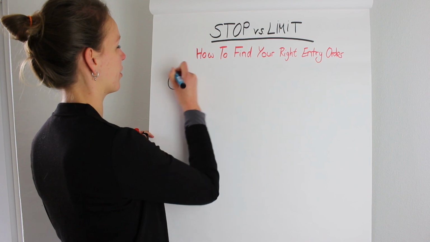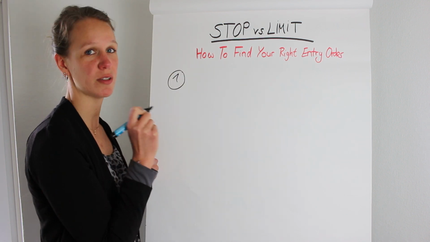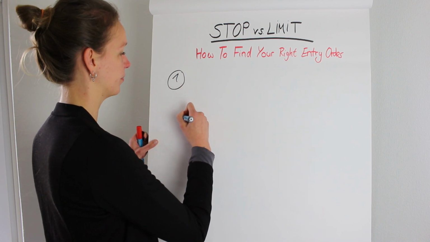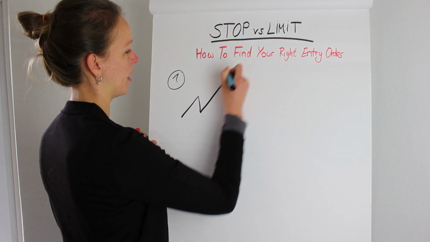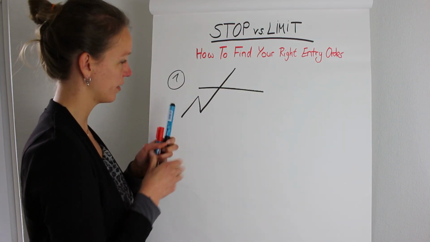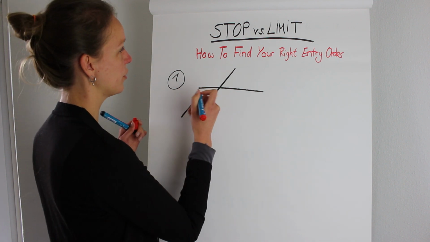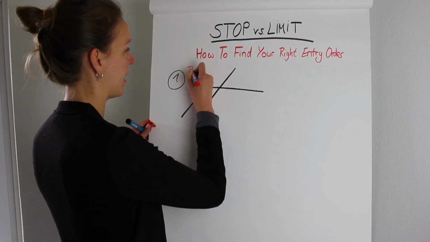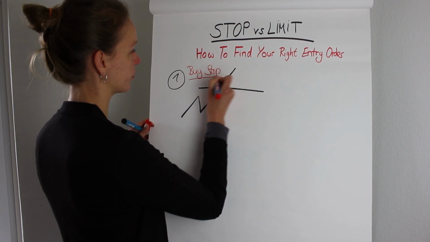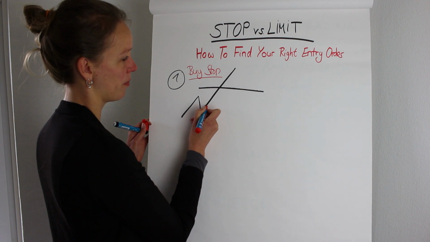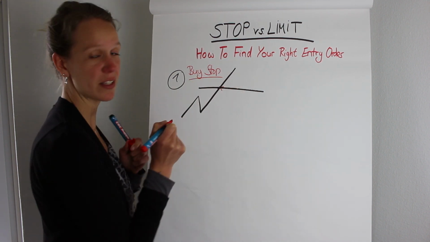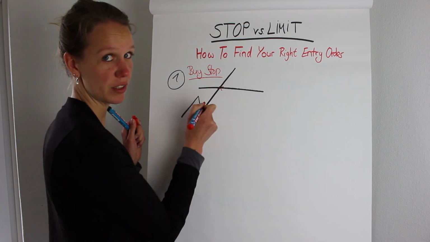Let's start with the explanation of the difference between stop and limit. So if we're in an uptrend and we want to enter the market at this point, if we put a buy stop order here, then as soon as the market goes up and hits this area, the buy stop order gets filled.